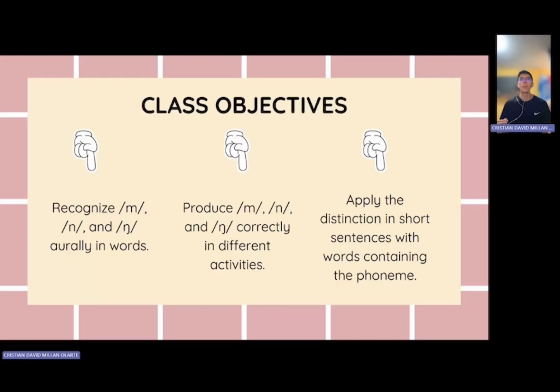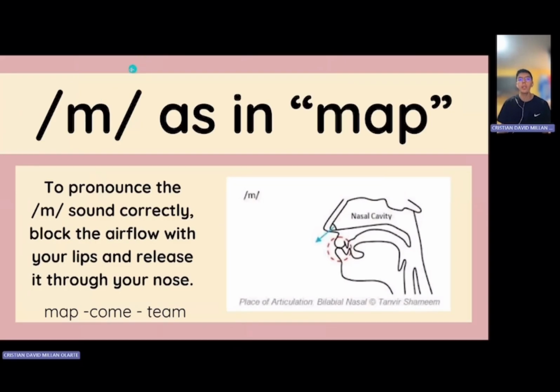The second one is to produce the phonemes M, N, and eng correctly in different activities. And our third objective is that you will be able to apply the distinction in short sentences with words containing this particular phoneme. Okay, so we're going to start with the first one.